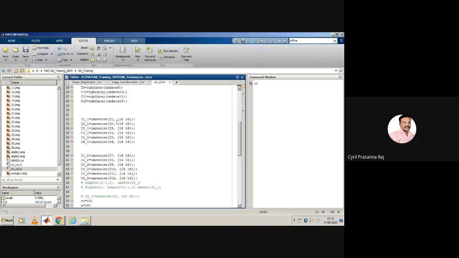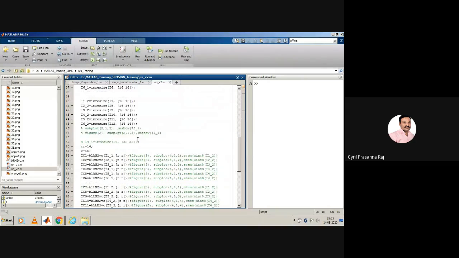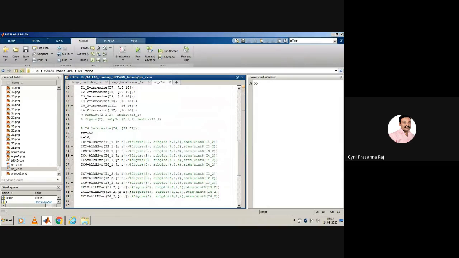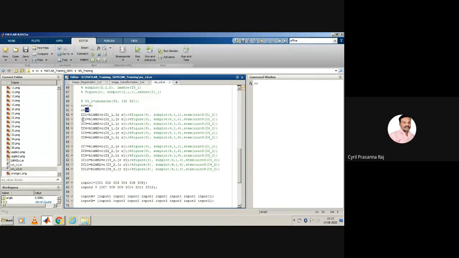After resizing the image to 16 cross 16, we convert that image to a vector using the function block to vector. Here we define r equal to 16. So now we get all six images for number one and six images for number three.